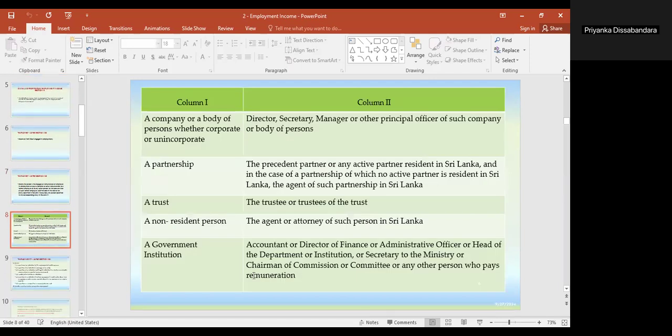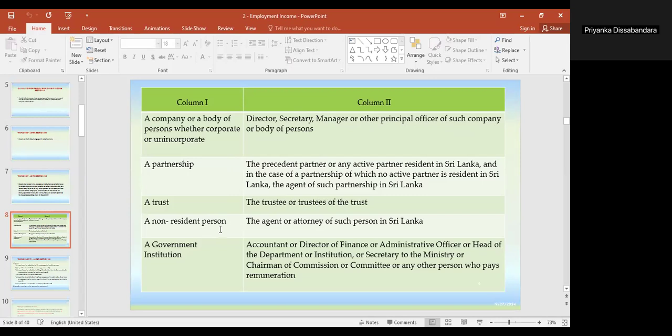In column 1 and column 2, we can see the organizations and who the employers are. If it is a company, body of persons, or incorporated one, then employer means the director, secretary, manager, or other principal officer of such company or body of persons. If it is a partnership, the employer is the precedent partner. If it is a trust, the trustee or trustees of the trust.